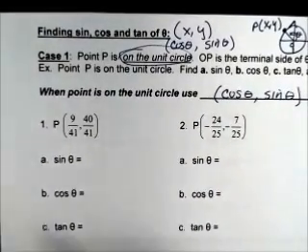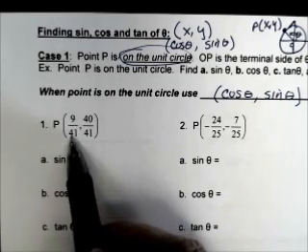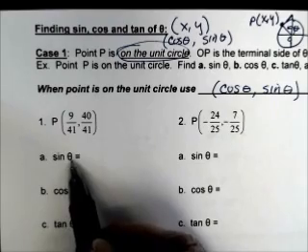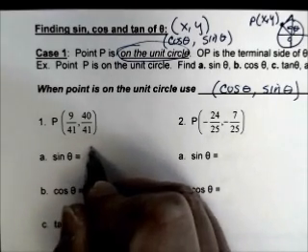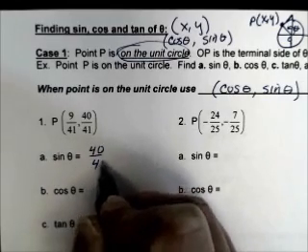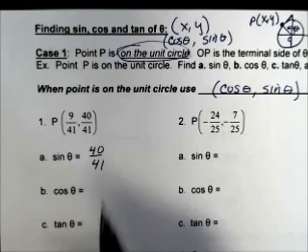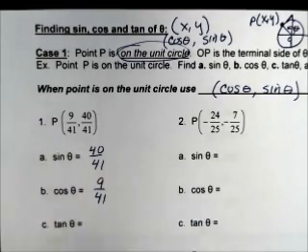So here for number 1, point P has coordinates 9/41 and 40/41. What is the sine of our angle? The sine of our angle theta would be 40/41, the y value. What's the cosine of our angle? It would be the x-coordinate, 9/41. And what's the tangent of our angle?